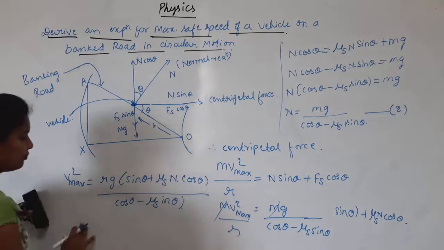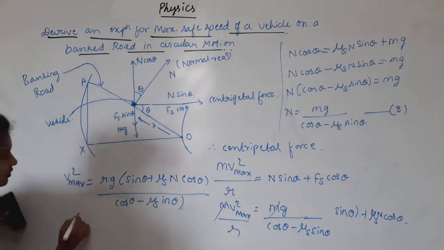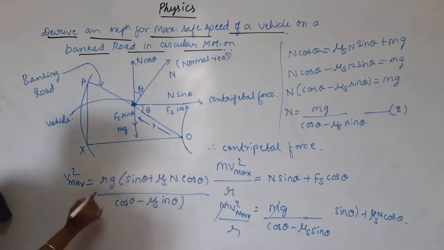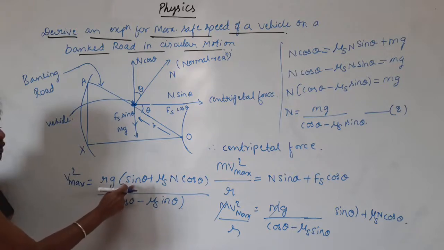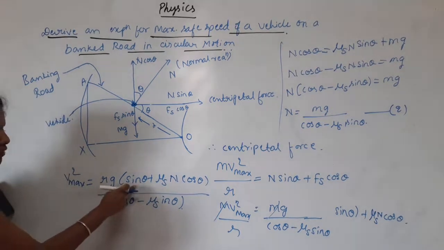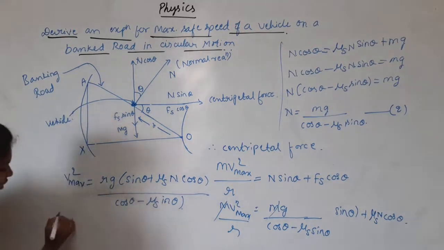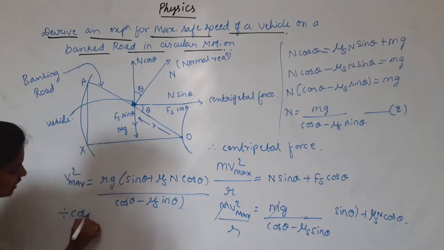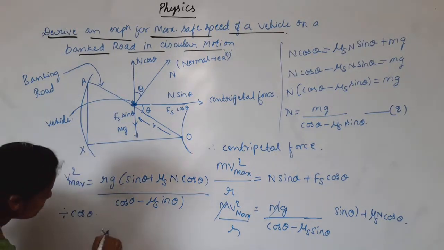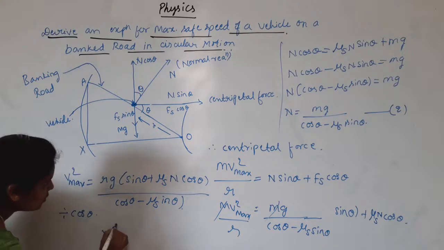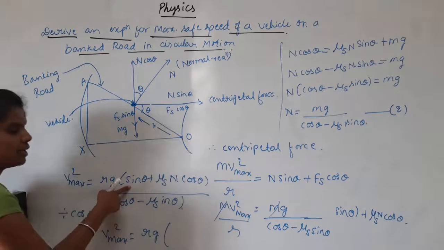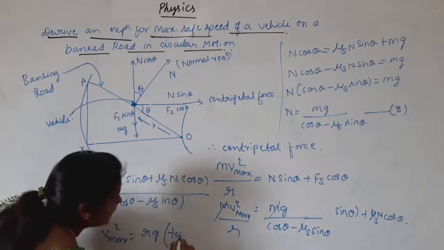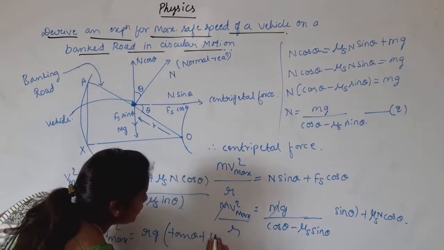This is the actual expression. Then divide by cos theta for both numerator and denominator on the right hand side. Dividing by cos theta, we get v max whole square equal to rg into sin divided by cos, which is tan theta, plus mu s.